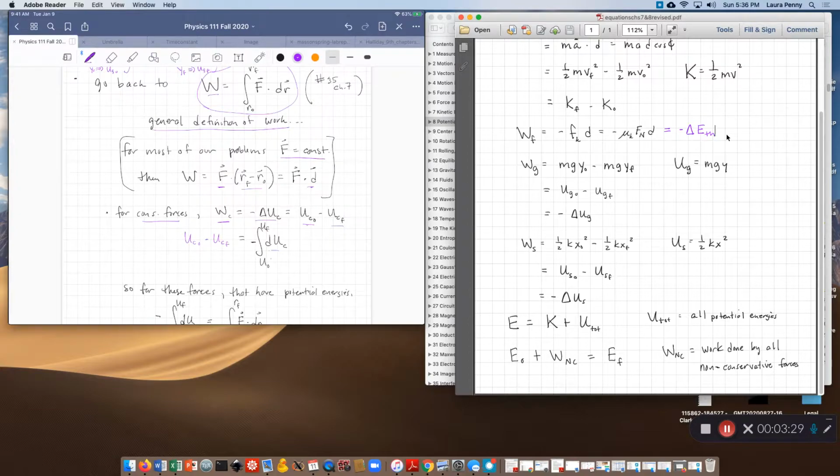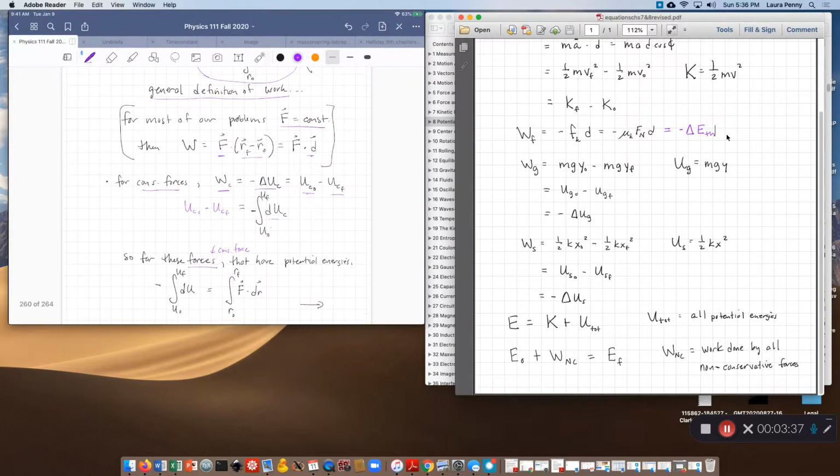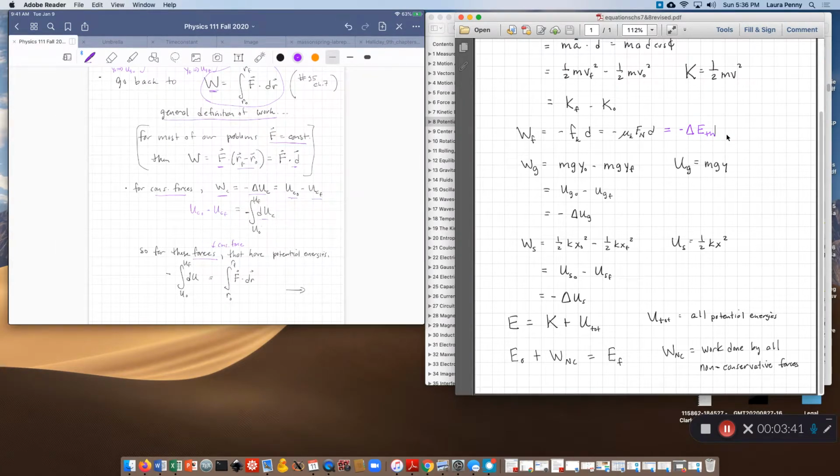So for a conservative force that has a potential energy, I can write this top equation where I say the work is equal to this, but that work is equal to negative the change in the potential energy, which is equal to this integral. So I can replace work with this nasty looking thing.